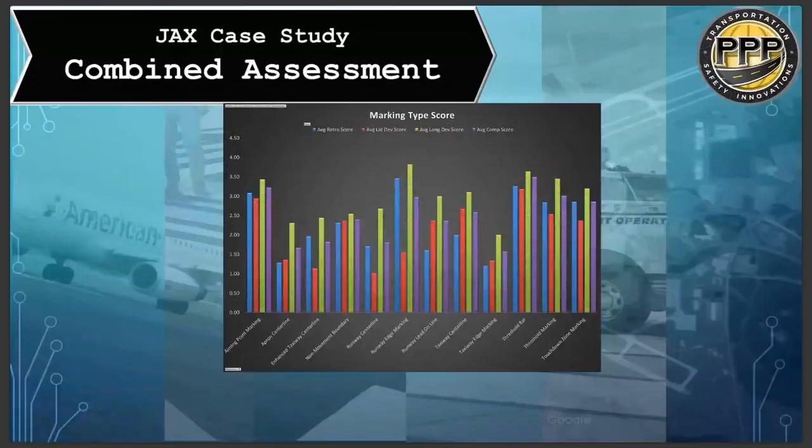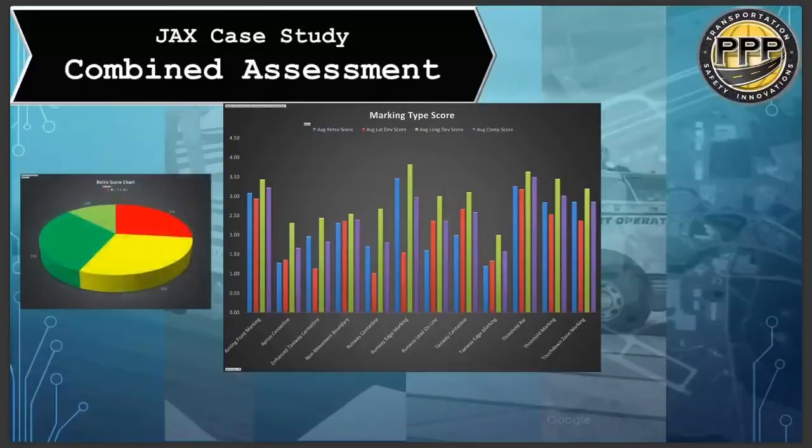Because it's scored so low on deviation, even though it's scored fairly decent on the retroreflectivity, it's saying, okay, we need to take a look at this, because if the deviation is low and the retro is high, we've got an issue here. And then some are right on the money, like the aiming points and so forth. At the far right, the green one is for longitudinal, and the purple one is for the comp score.